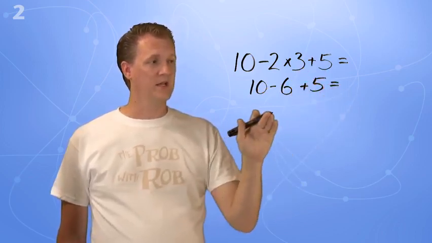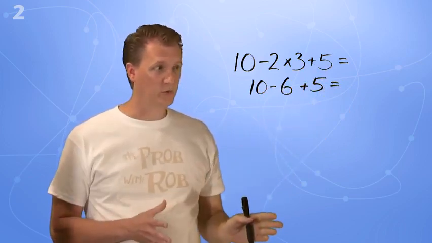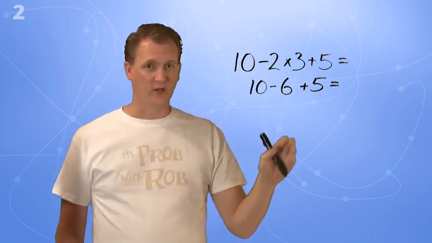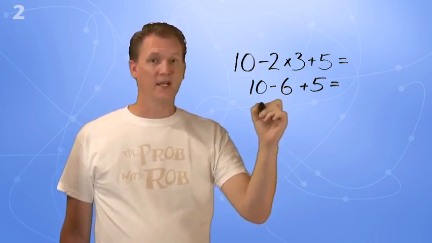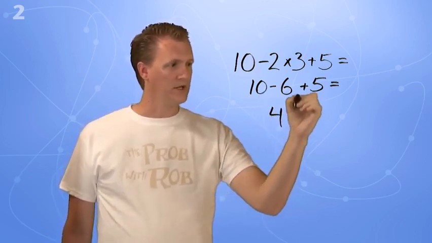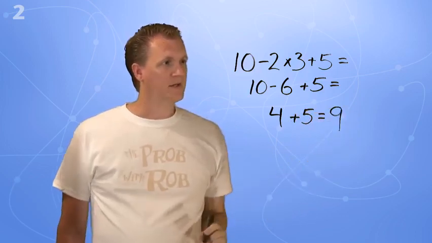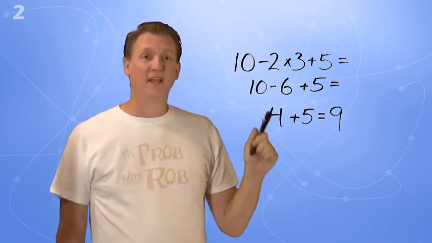So now we have 10 minus 6 plus 5. And our order of operations rules don't tell us which order to do the subtraction and addition in. We just do them from left to right. So 10 minus 6 equals 4. And then 4 plus 5 equals 9. So 10 minus 2 times 3 plus 5 equals 9.